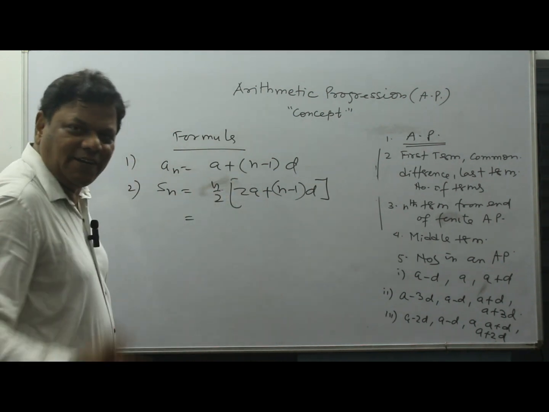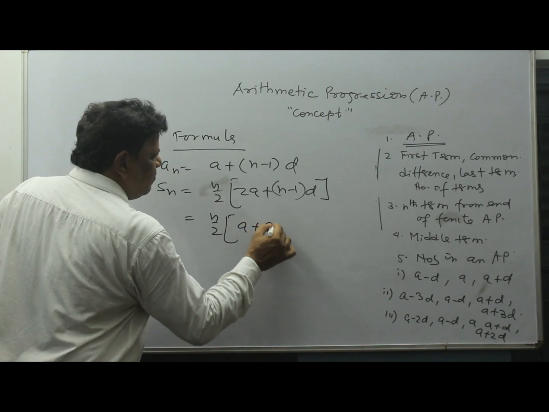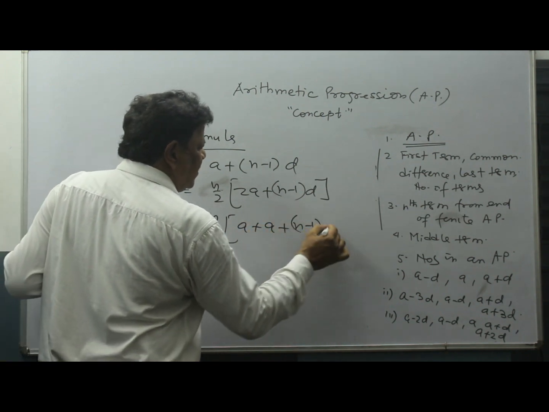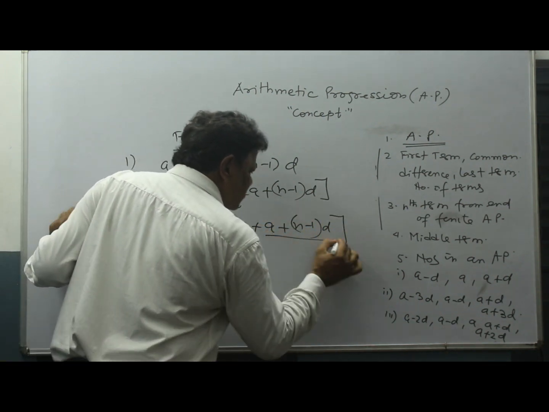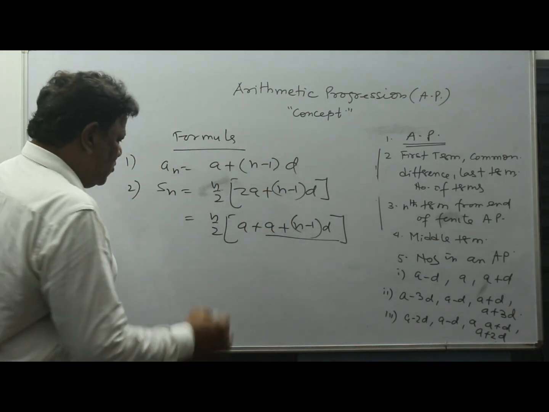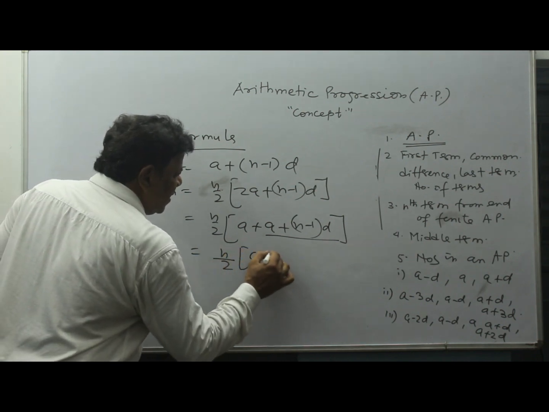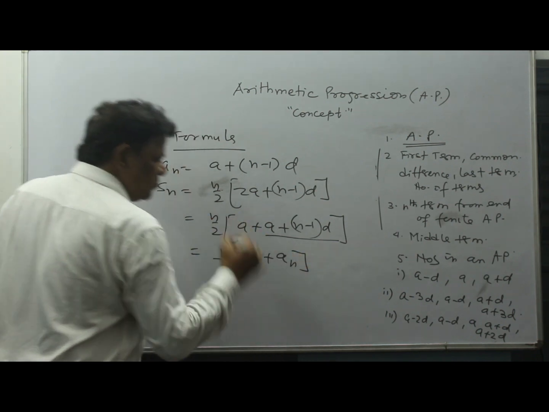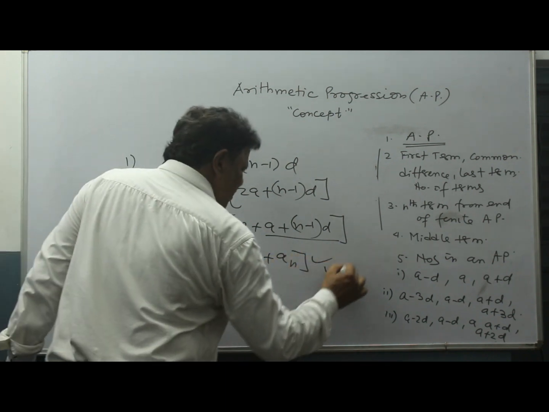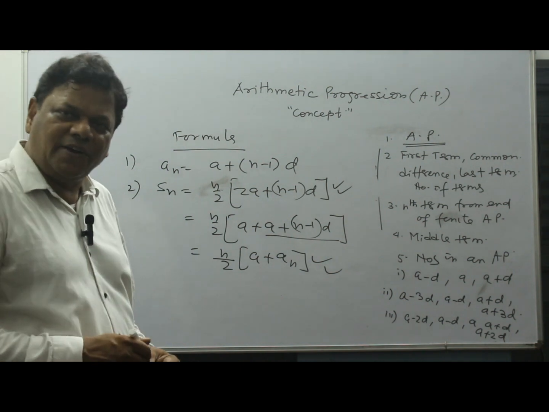This I can write another way. 2a means a plus a, and a plus (n minus 1) d is actually an. So in another way I can say Sn equals n by 2 into (a plus an). This is the other way. You have to use this way and that way, whichever one is required.